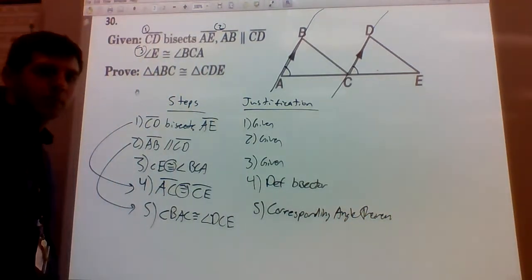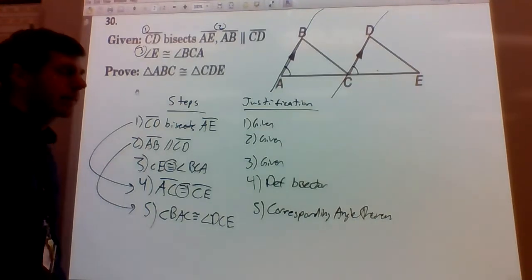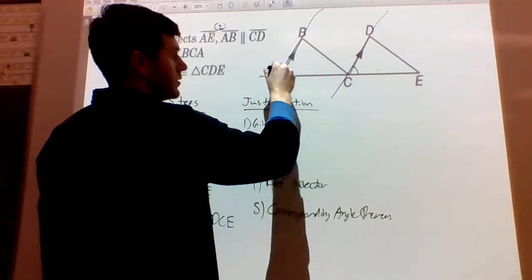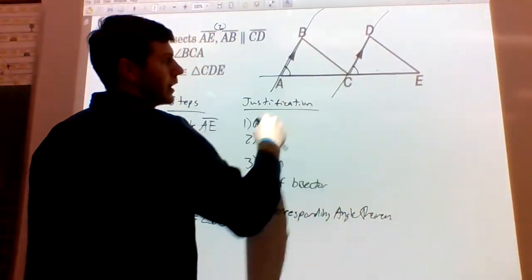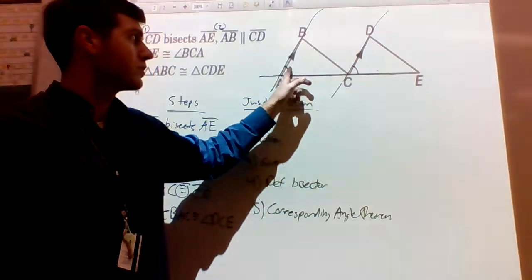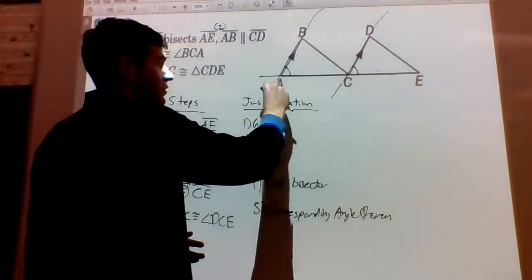Getting tired, so I'm writing sloppy here. So parallel lines, here's our transversal. These are corresponding angles. The corresponding angle theorem says if the lines are parallel, then the resulting corresponding angles are congruent.